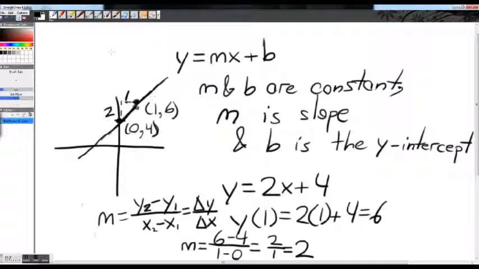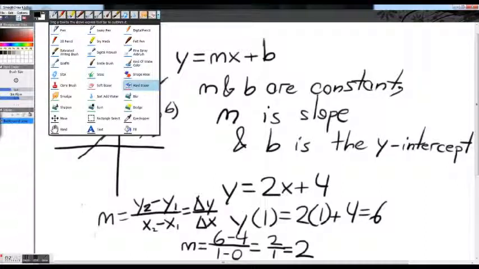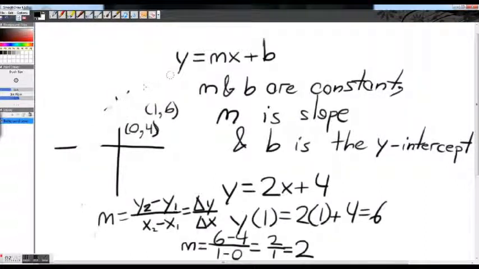Okay, now that we've looked at linear equations, we understand them. Let's go ahead and look at linear inequalities.